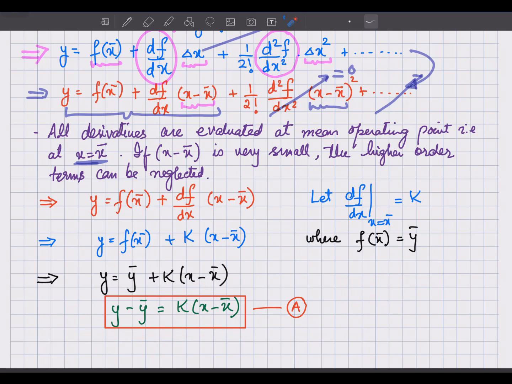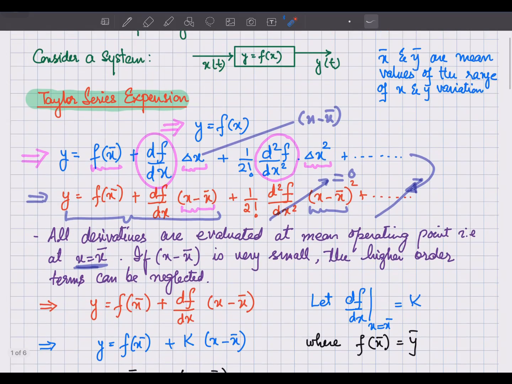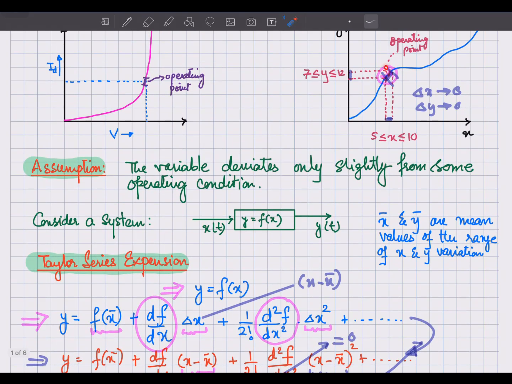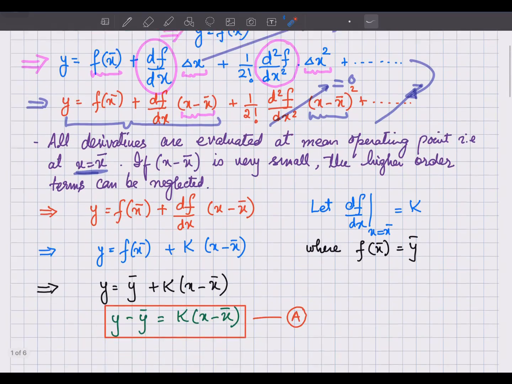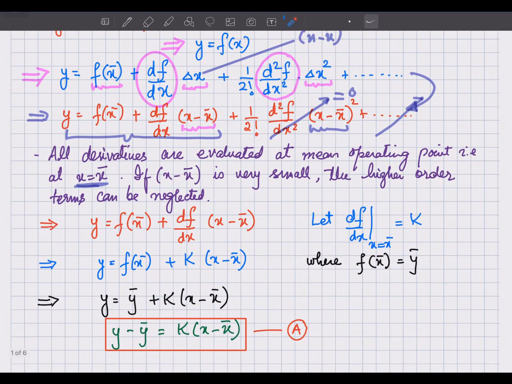So we are representing this portion of the function because we have selected the operating point, that is x bar over here, right? Basically this is a function of one variable. So for this function we can write down the linearized version with the help of this equation.